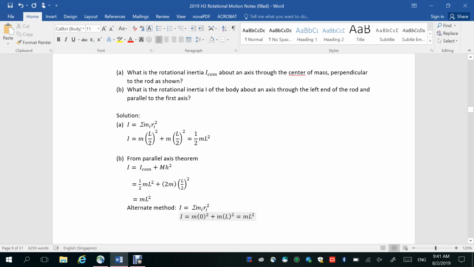For particle 1, which is the one on the left, it passes through the axis of rotation, so the r is 0. For the second one, the distance from the particle to the axis of rotation is exactly L, so we end up with ml squared. So whether you use the parallel axis theorem or start from scratch, the workings are comparable.